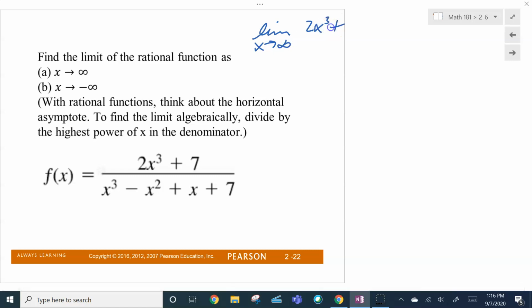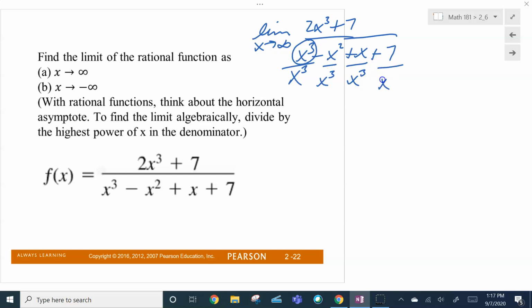with our new way to approach these, which is to look at the largest x to the n in the denominator, and we're going to divide by that. So it's x cubed. I'm looking at this and that's the biggest one. Divide everything by x cubed, everything, and then take the limit.